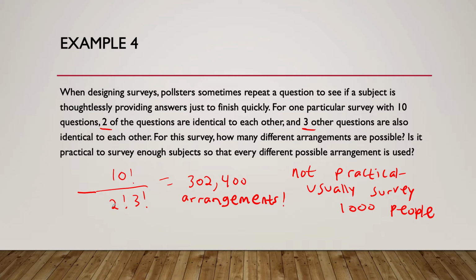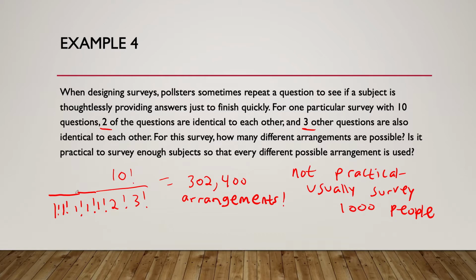So we also have 5 1 factorials in here as well. I didn't include them because 1 factorial is just 1. So that's 3, 4, and then 5. Okay.